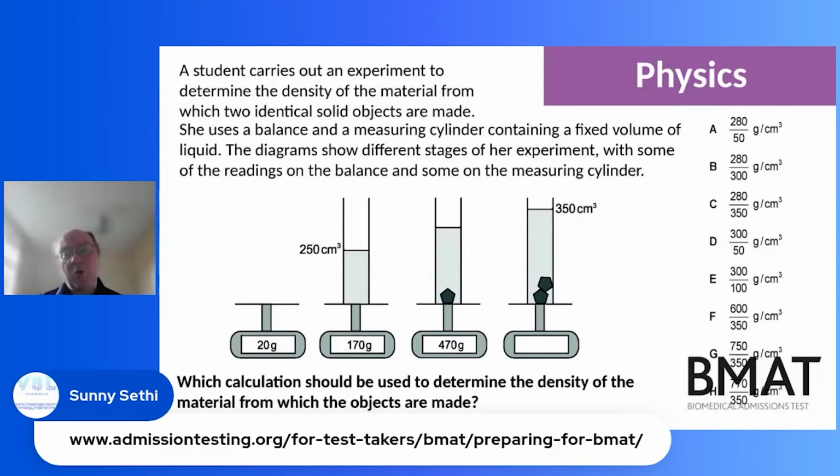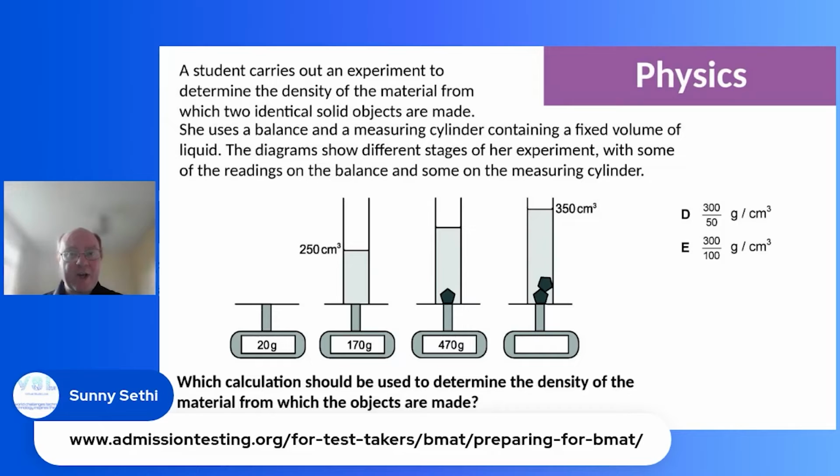And then placing one of these objects in there, we can see that it goes up to 470 grams. So 470 minus 170, we know that the mass of one of these objects is going to be 300. And looking at our options to the side, we can very quickly eliminate most of the options. So we're just left with the two options that have the mass as being 300 grams.